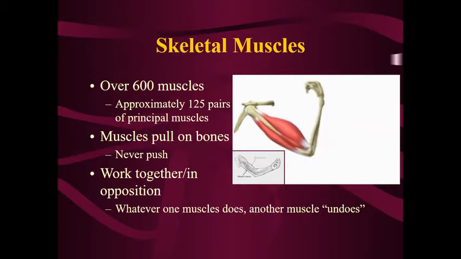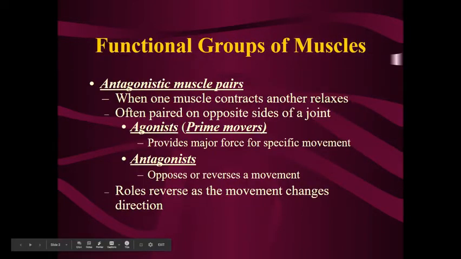So if we have muscles that pull a bone in one direction, there needs to be another opposing muscle to pull that bone in the opposite direction. When we're talking about muscle pairs, those are considered antagonistic muscle pairs.